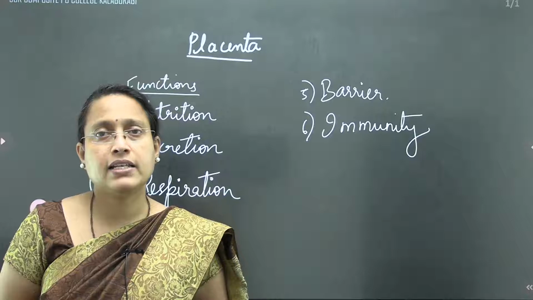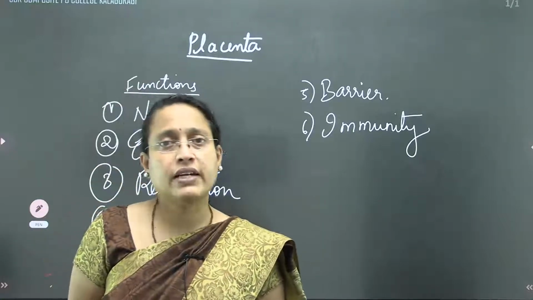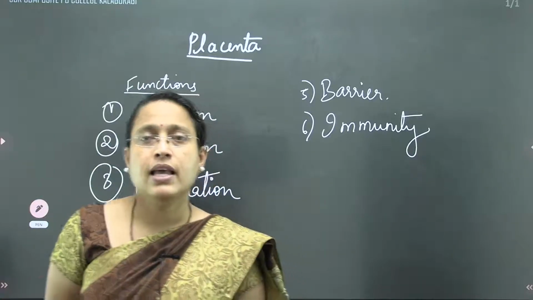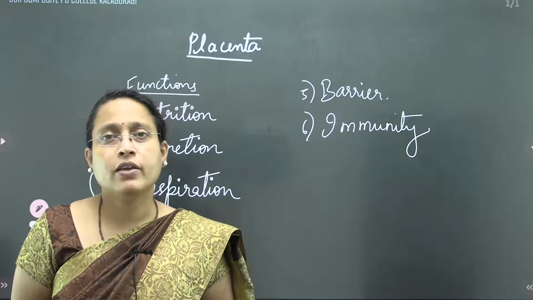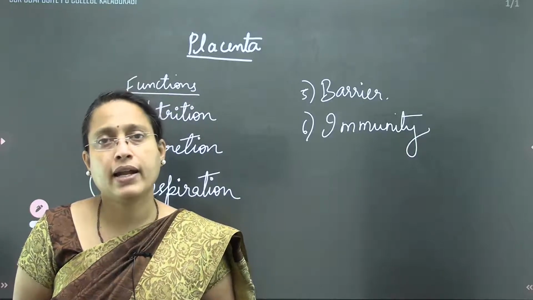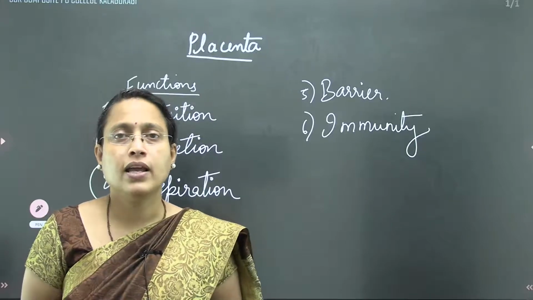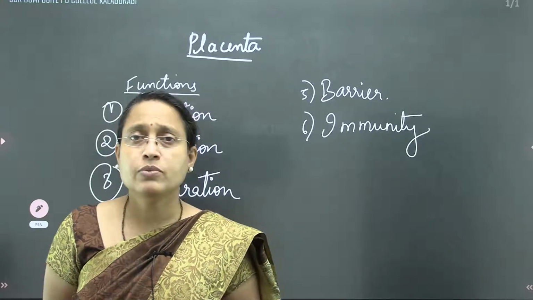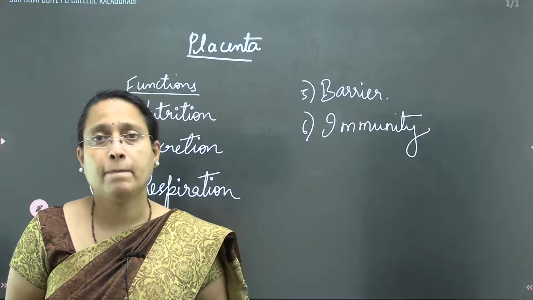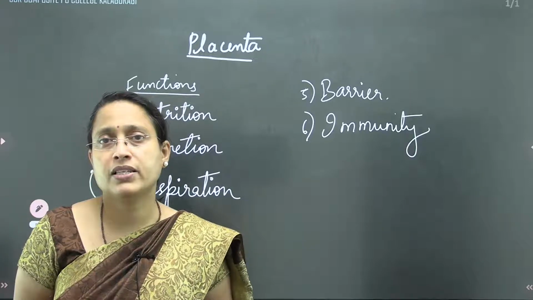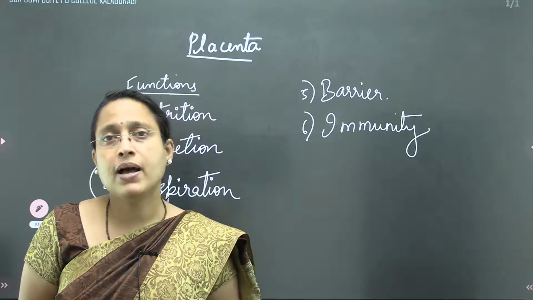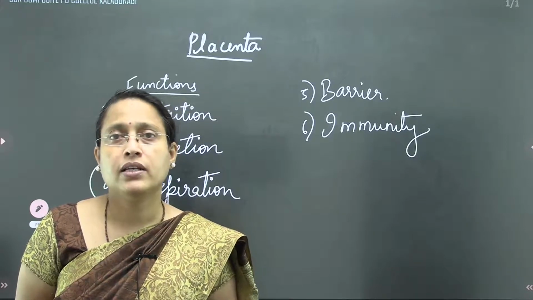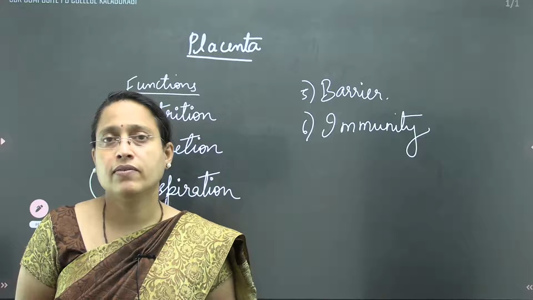Then how come the growing fetus will not get the diseases? The immunity is provided by the mother. One of the molecules of immunity is antibodies. They are also called immunoglobulins. These molecules are synthesized in the mother's blood circulatory system by, of course, the plasma cells, and they then pass from the mother through the placenta to the fetus.